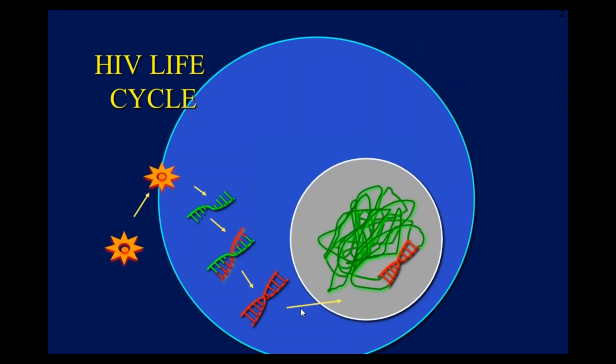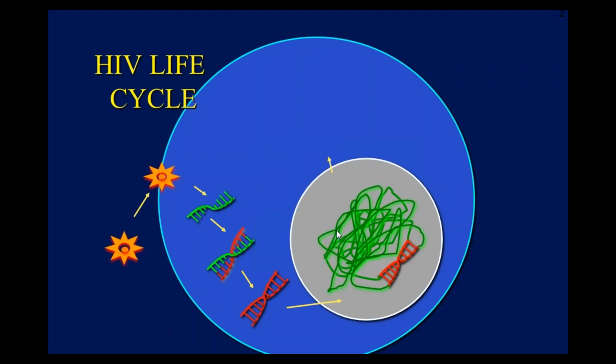And then that gets taken into the nucleus of the cell, and it gets incorporated by an HIV integrase into the cell's DNA. Now, when that happens, that cell's permanently infected, and there's nothing that we can do to get that out at this point. And that's why HIV is an incurable disease at this point, because we don't know how to get rid of the DNA once it's been incorporated into the person's DNA.